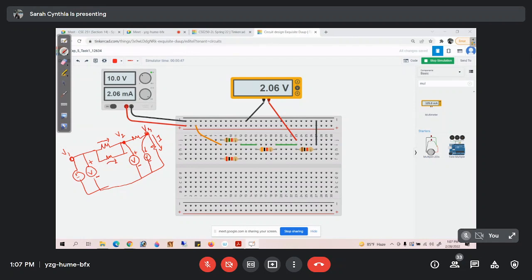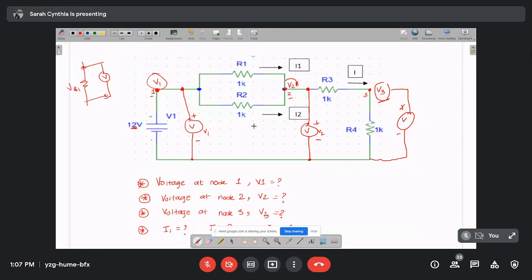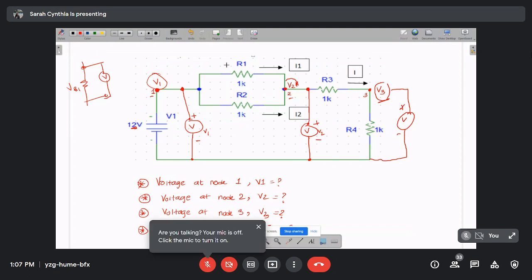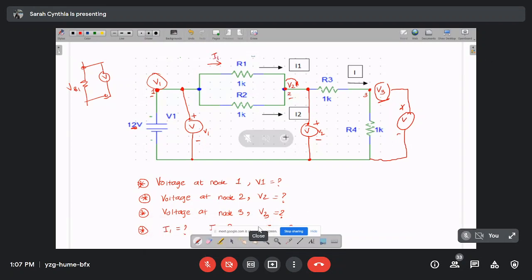So in order to solve I1, let me show you this circuit. If I want to solve I1, which is the current across this resistance, how do I calculate it theoretically? I can write I1 as the potential difference, that is the voltage difference between these two nodes, V1 minus V2, divided by the value of the resistance.